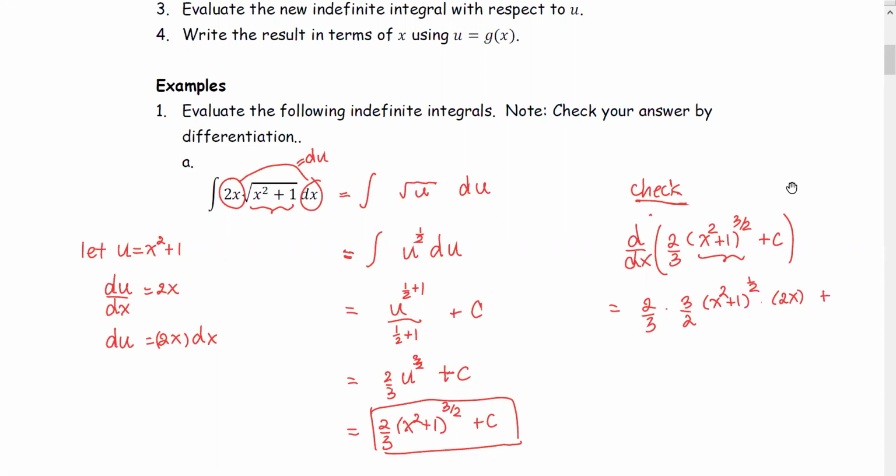The derivative of c is 0. Simplify as much as we can. So 2/3 and 3/2 reduce. It becomes 2x times x squared plus 1 to the power 1/2. That is the same as 2x times the square root of x squared plus 1. And then you can see it returns the same form as the integrand.